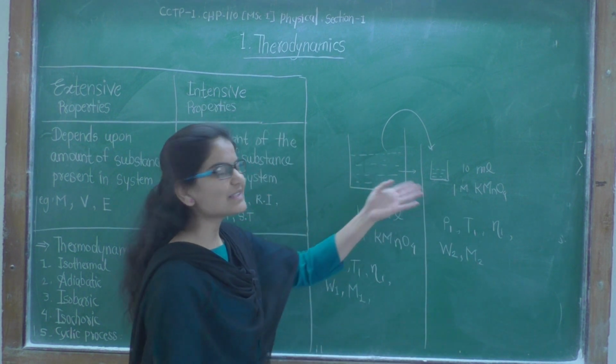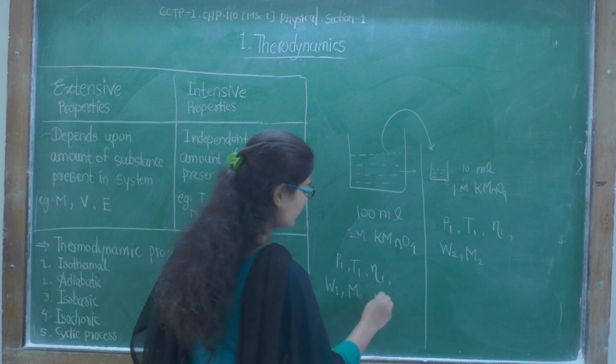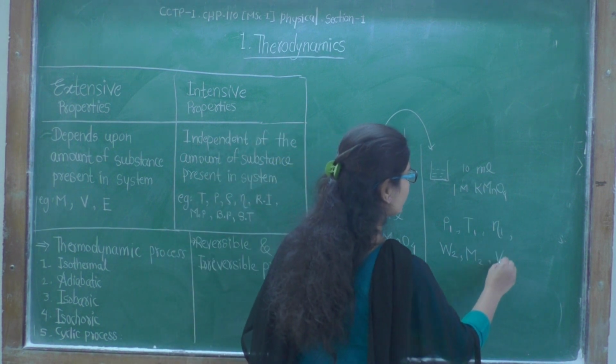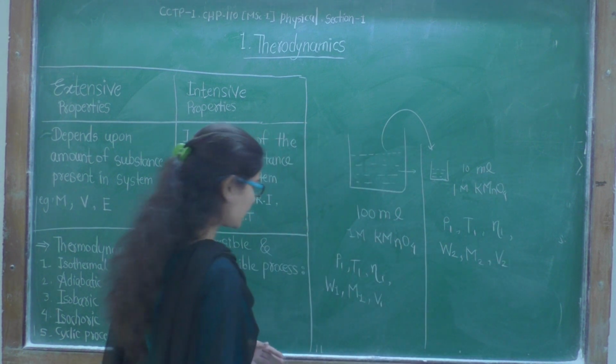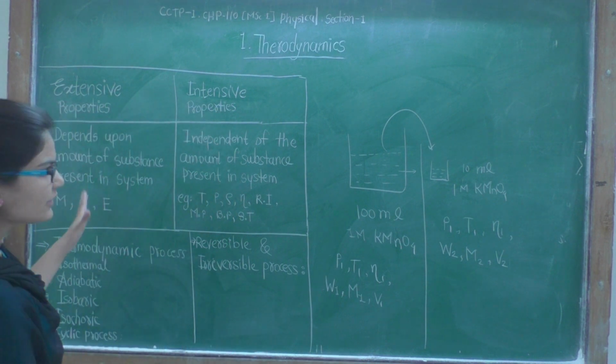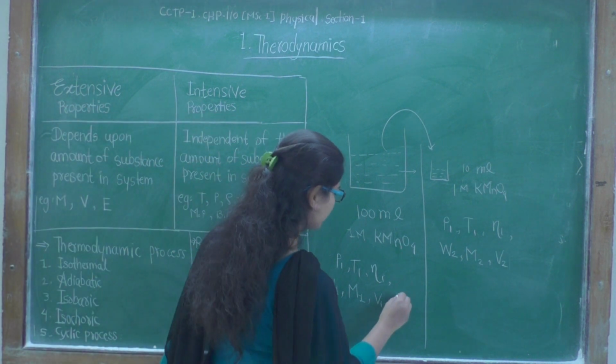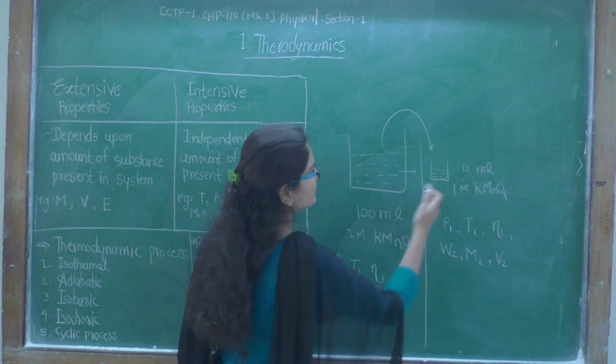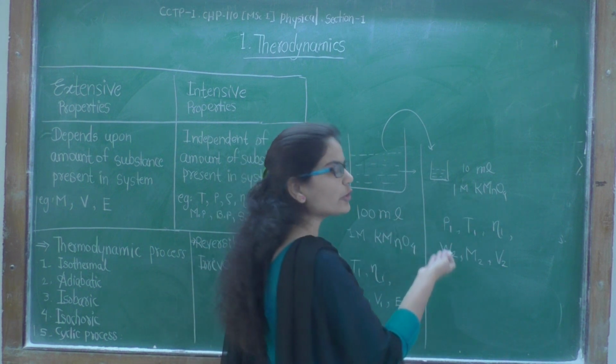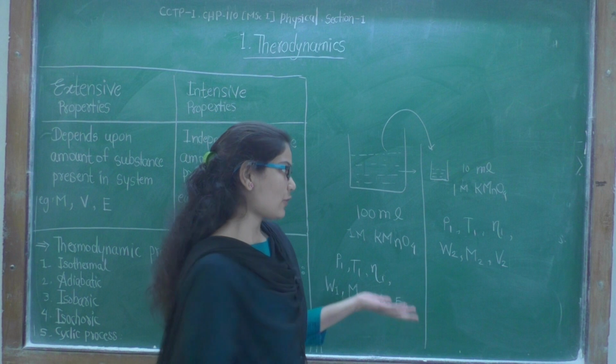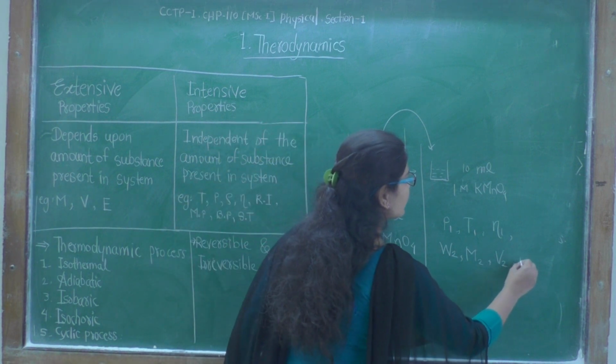Volume is different, we can see it. Volume V1 and here volume V2. Energy can also change. This is energy E1. Here it is a small quantity, hence energy will also be very less, E2.